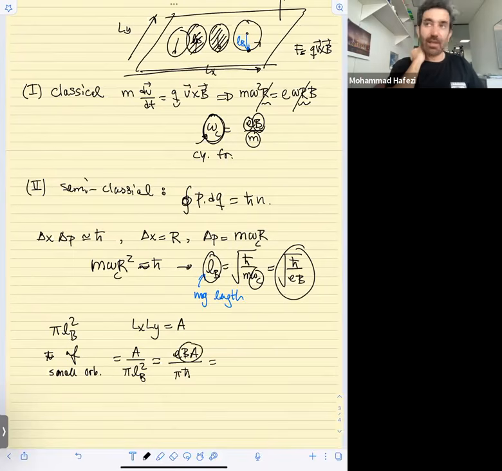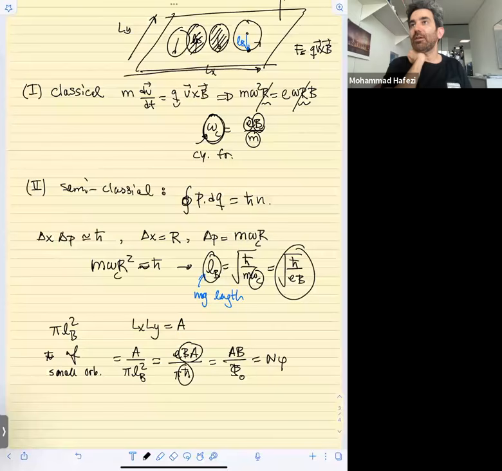But B times A is the total magnetic flux in the system, right? So that will be the total magnetic flux in the system, and H bar by some C would give me the quantum of magnetic flux. So this will be basically the total magnetic flux in the system divided by the quantum of magnetic flux, basically the number of magnetic flux that you have put in the system.